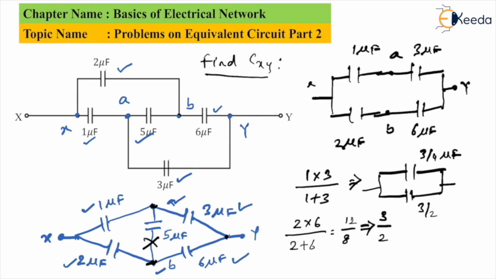Finally, I can say that CXY will be equal to 3/2 plus 3/4. By having LCM as 4, I need to just multiply by 2 in the numerator, which becomes 6 plus 3 divided by 4, which comes out to be 9/4, unit is microfarad. Finally, we have CXY value as 9/4 microfarad.